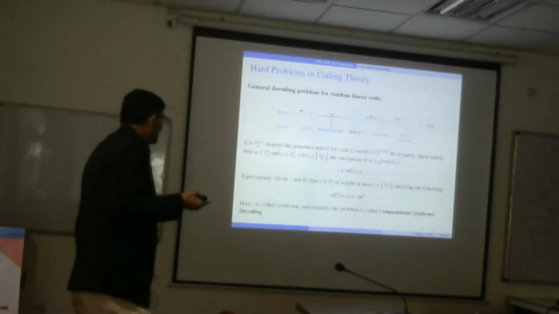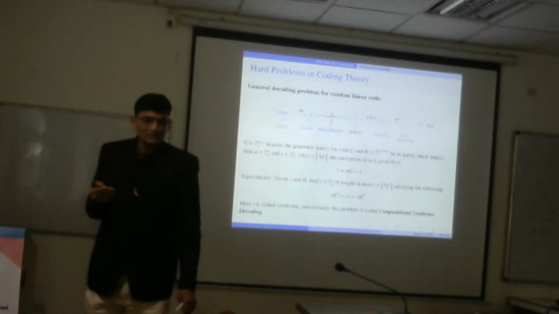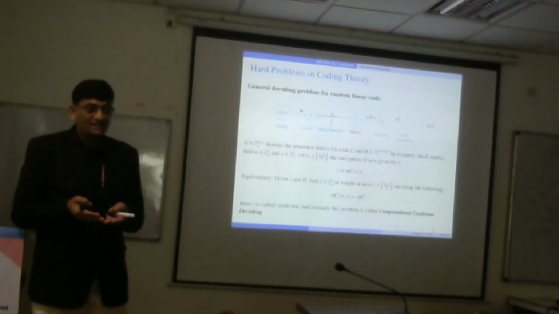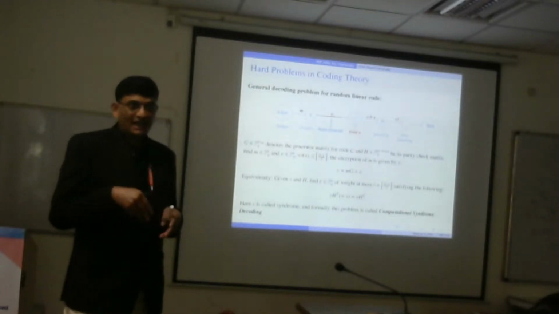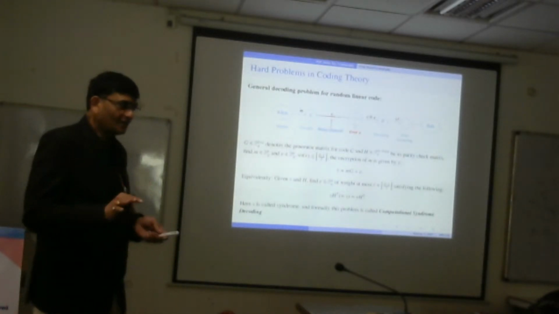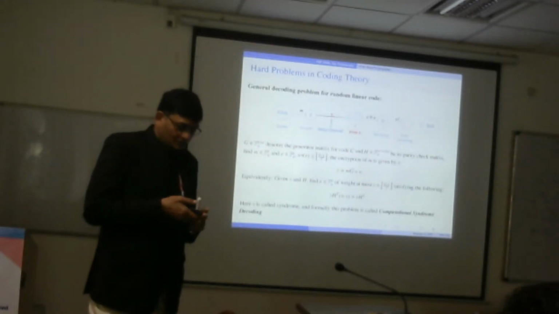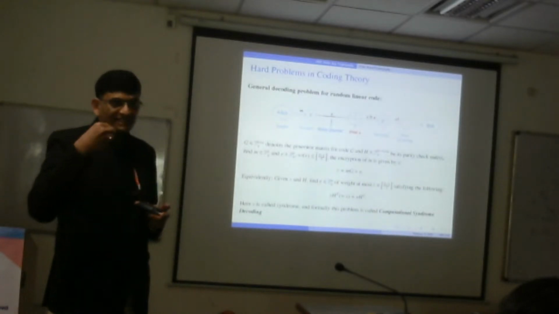Coding theory, apart from cryptography, we have been using since long. The reason is that in all noisy channels, finally we don't get the original message. So can we use this coding technique for encryption also?